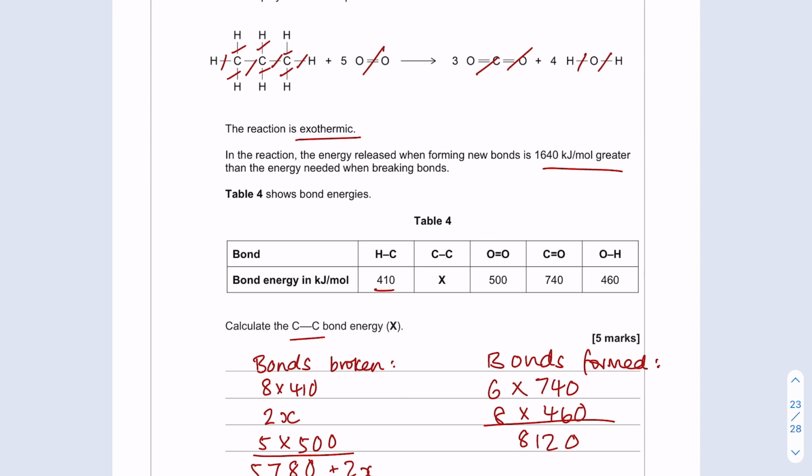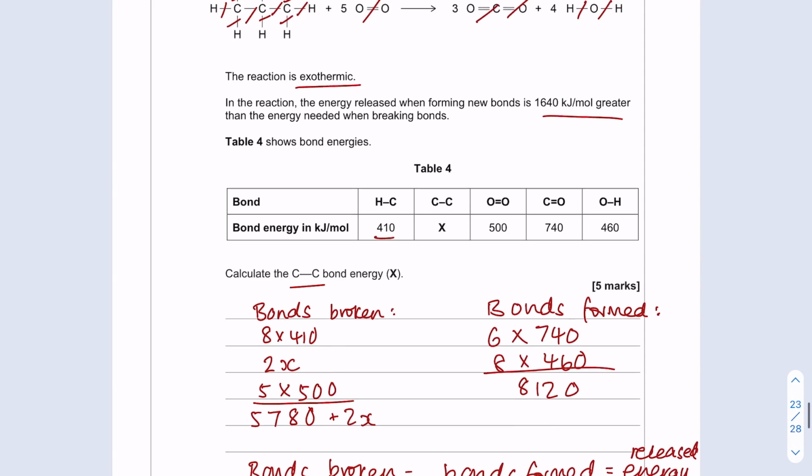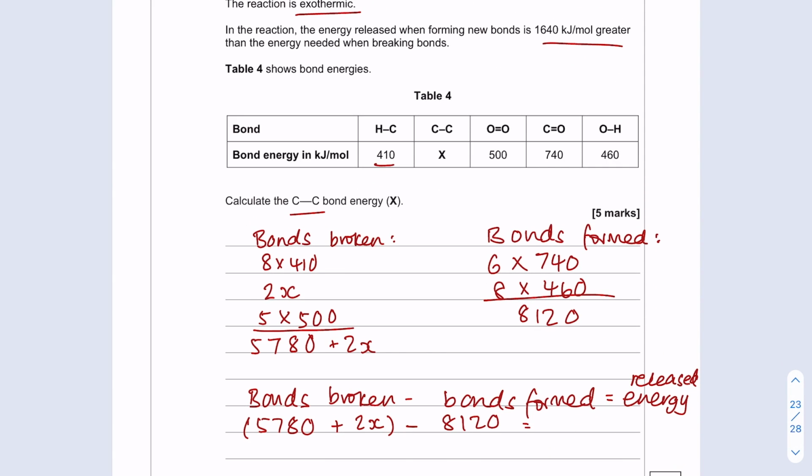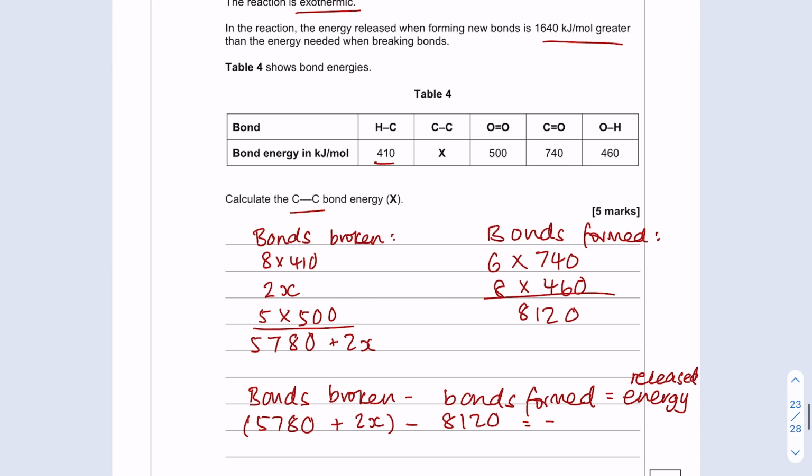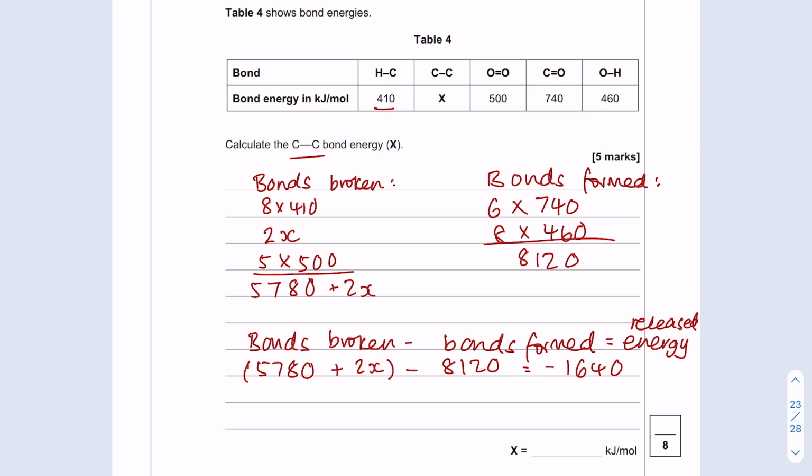And then check the wording up here. We know that the energy released when forming new bonds is 1,640 kJ per mole greater than the energy needed when breaking bonds. So that means the equivalent of equaling minus 1,640. So then sort this all out.